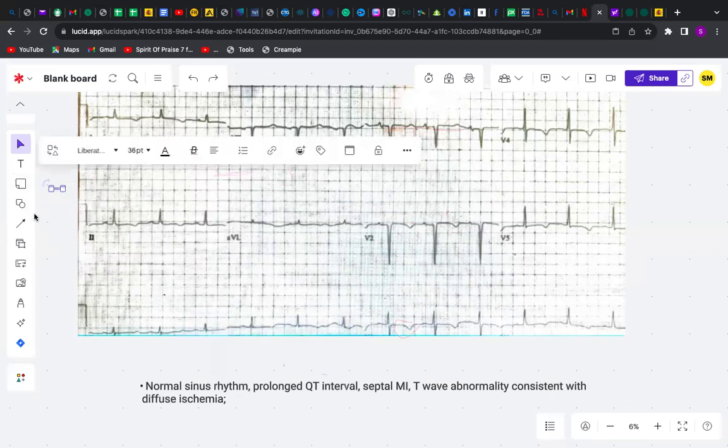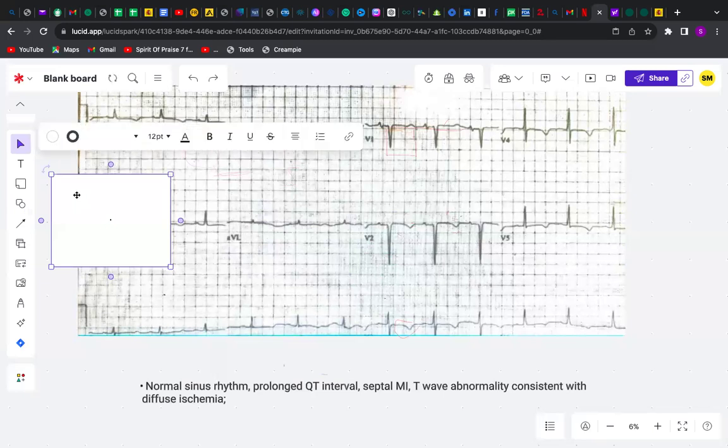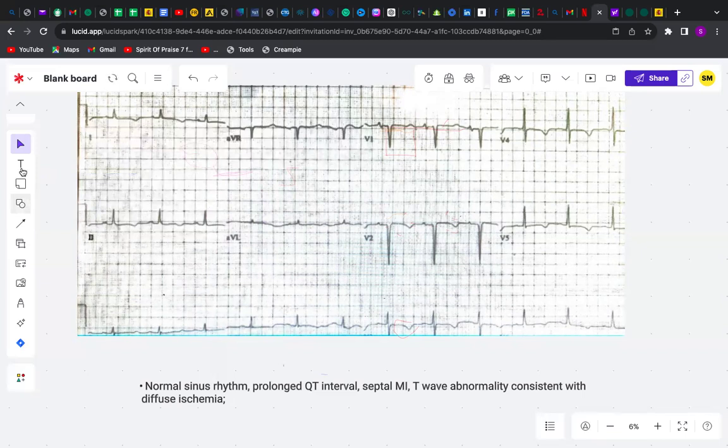The Bazett formula is the QT interval, I don't know why it's giving me a smaller one.